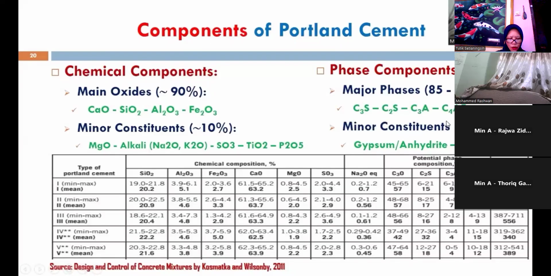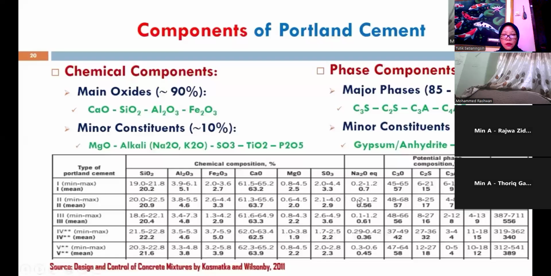While 10 to 15% are minor phases like gypsum and free lime, which are not actually reactive. Not all limestone or calcium oxide reacts with silica; some free lime is not reactive with silica, aluminum, or iron, and is found free in the cement.